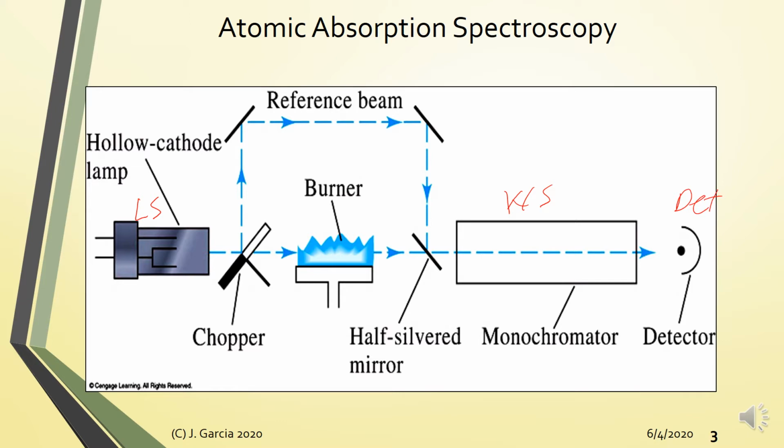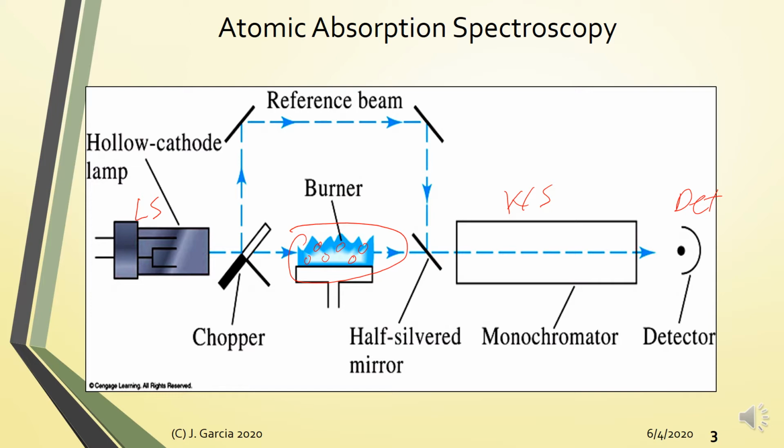Now, although it's not quite obvious, the sample holder for AAS is actually the flame, coming from the burner. So the flame actually holds the analyte in its free atomic form. That's what we always need to remember for AAS: it's important that your analyte is converted into its free atomic form.